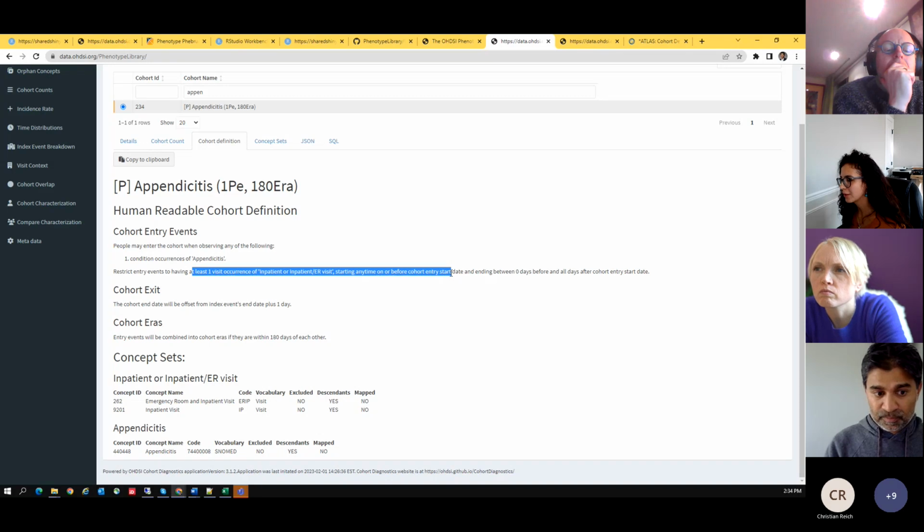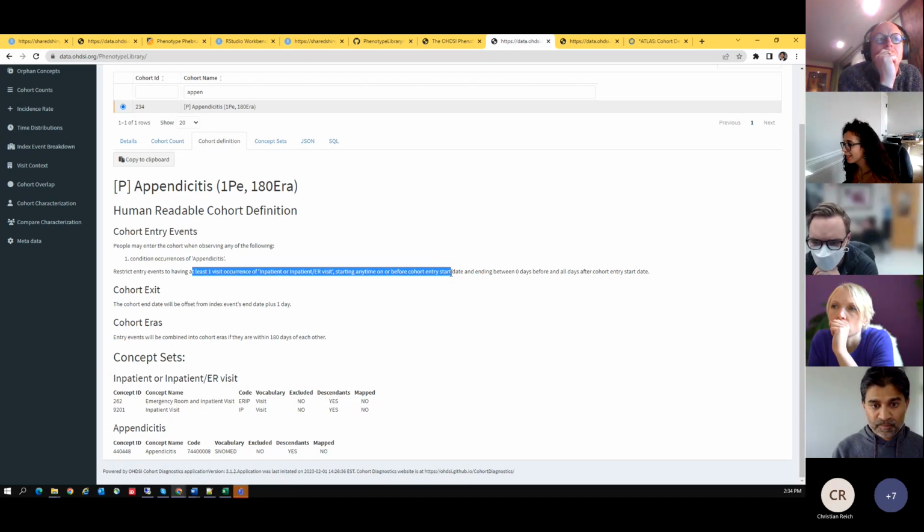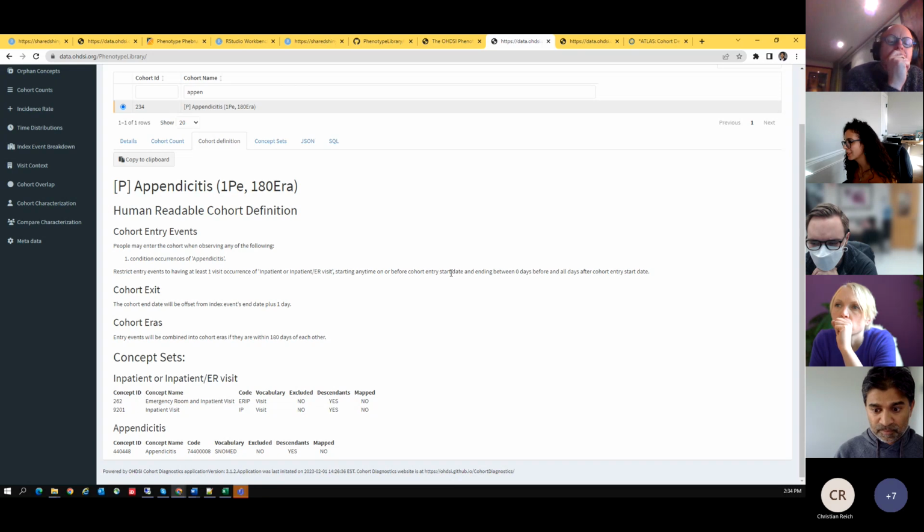To be more specific, the implementation of your code here is that if any of these codes are present overlapping with a visit, the inpatient or ER, whether it starts on the same day or not, as long as your code is present on or before the visit has ended, the event will be captured.